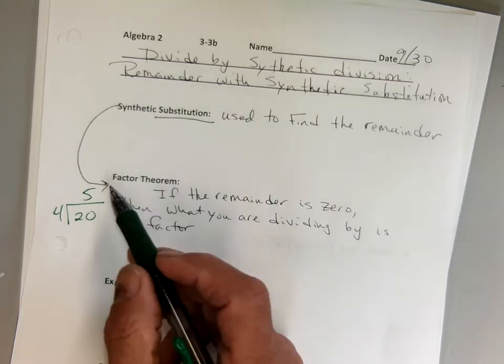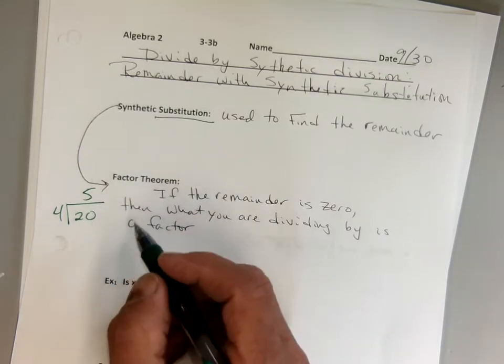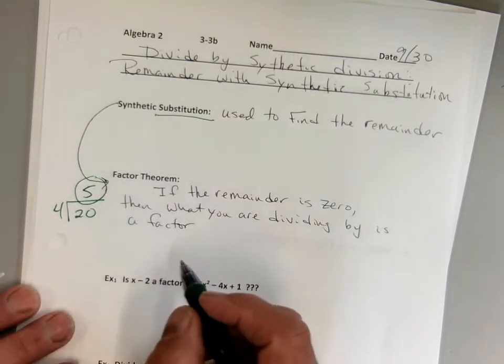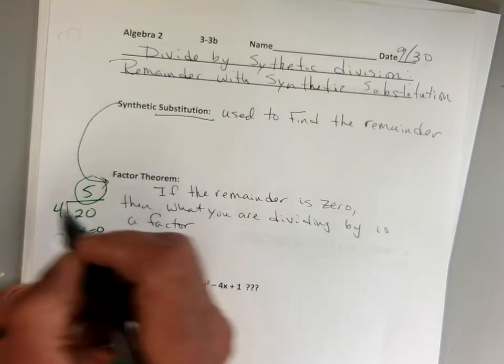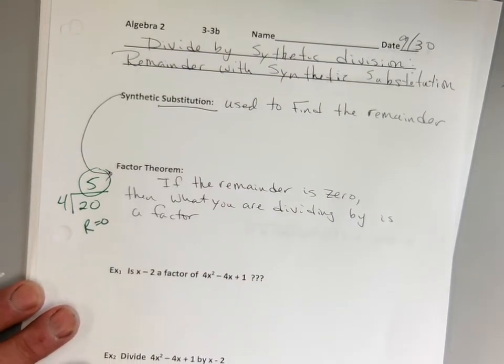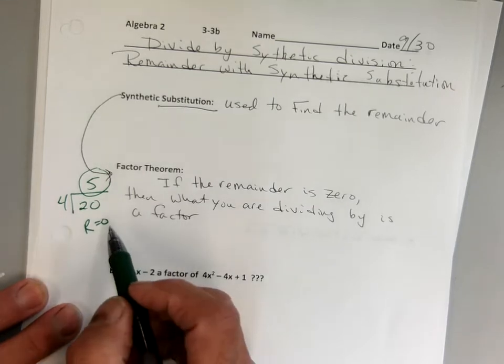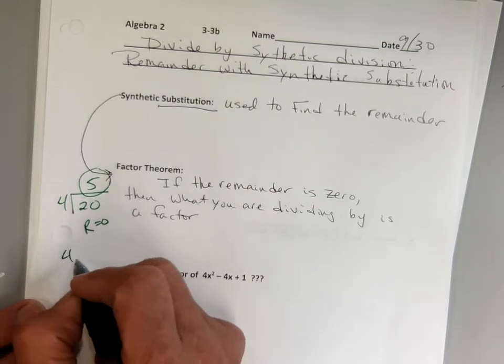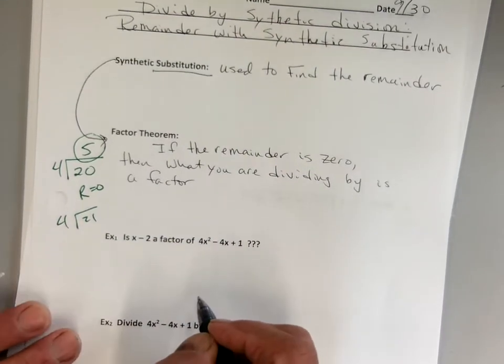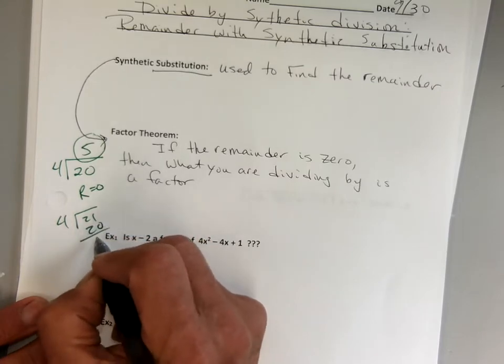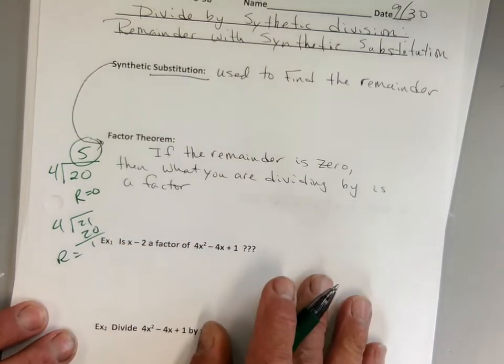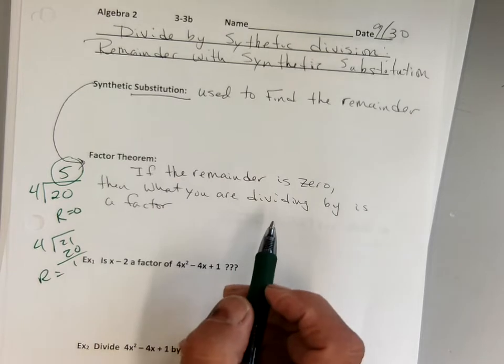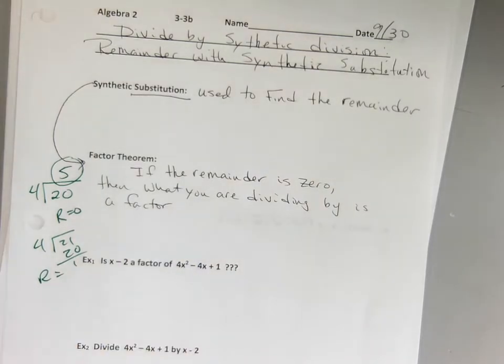No, right? 4 goes into 20 evenly, so 5 is a factor because the remainder would be 0. Everybody agree with that? So if it goes in evenly, it would have a remainder of 0. Does 4 go into 21? No, because we'd have a remainder of 1, right? So the remainder theorem says if it goes in evenly, you'd have a remainder of 0.